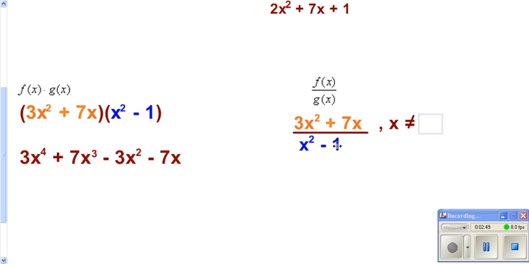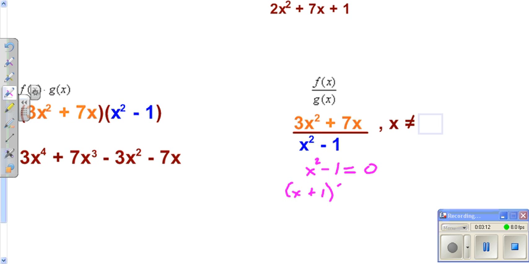Yes, the top and the bottom both factor, but there would be nothing the same on the top and the bottom. But we do need to be aware that since we have variables in the bottom, that we cannot divide by 0. Now, question is, what causes the bottom to be 0? Well, if we did set the bottom equal to 0, this is differences of squares here. It's an x plus 1, and it's an x minus 1 equaling 0.